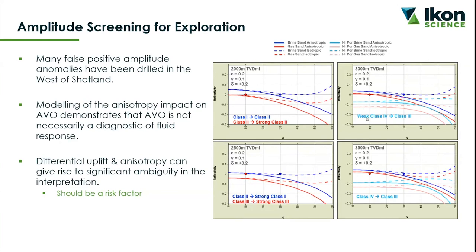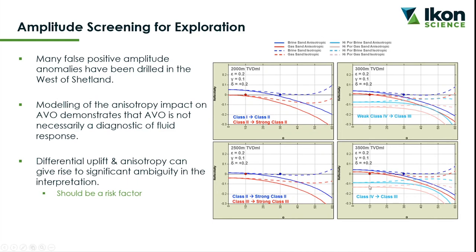So if we start in the deepest interval at 3,500 meters below the mudline, and we compare the light blue and pink models at 3,500 and 3,000 meters below mudline, what we see is that the introduction of anisotropy, which are the solid lines, takes what was a class 4 AVO response for the isotropic case and flips the gradient in such a way that we would now interpret that as a class 3 AVO response.